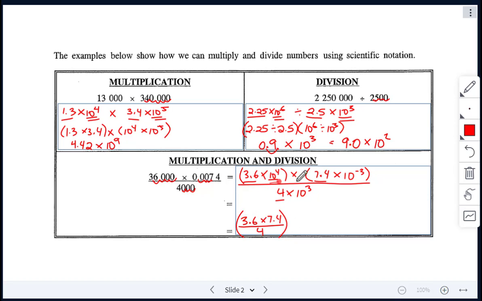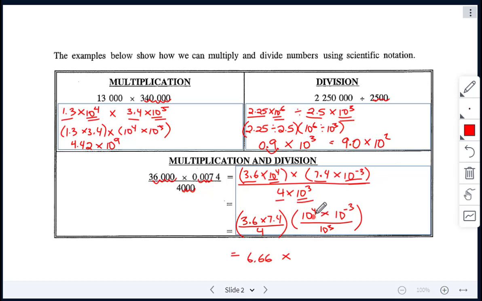Then we have 10 to the power of 4 times 10 to the power of negative 3, and then it's being divided by 10 to the power of 3. So this part here, you can just do a quick calculation in your calculator, and that gives us 6.66.